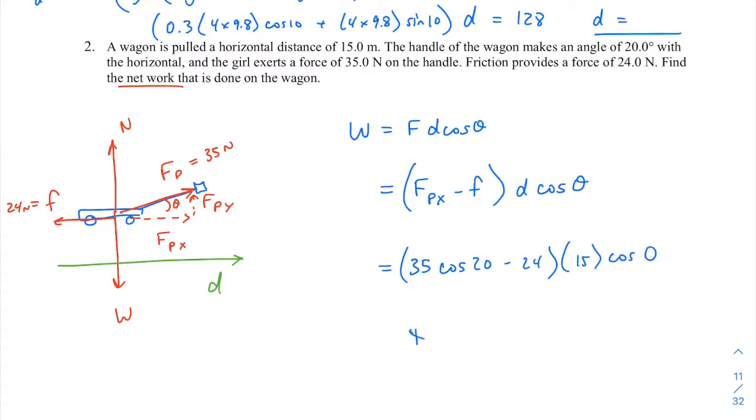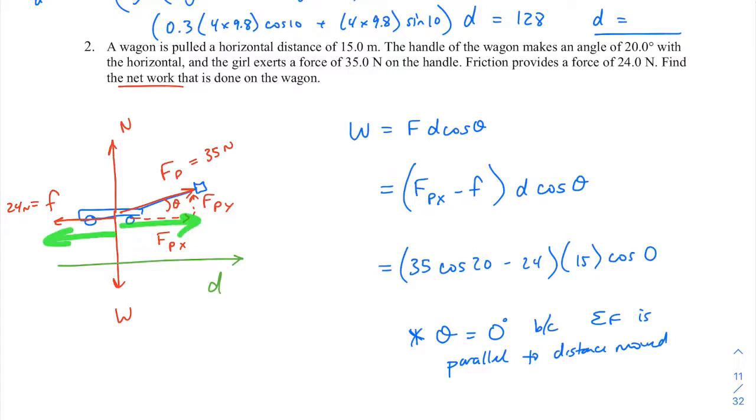Why is it cosine of 0? Theta is 0 degrees because the net force is parallel to the distance moved. My net force of FPX minus friction is overall in the direction of the distance, so the angle between right and right is 0.